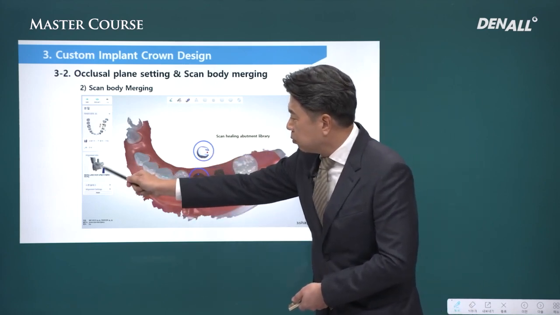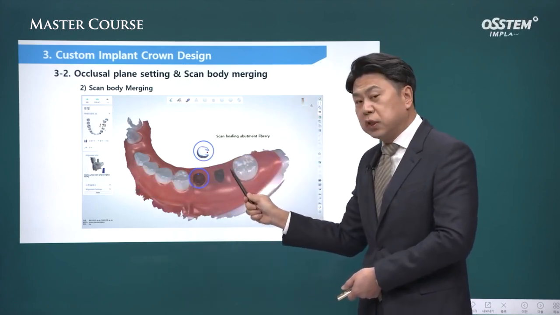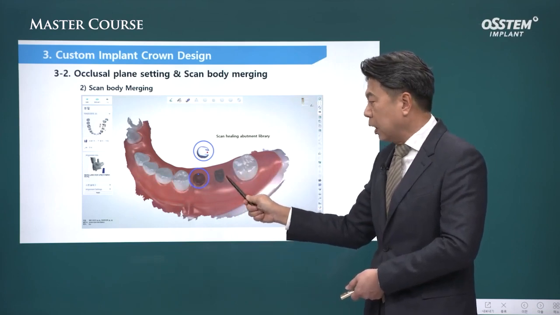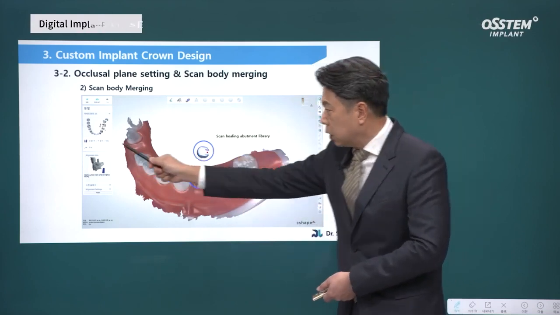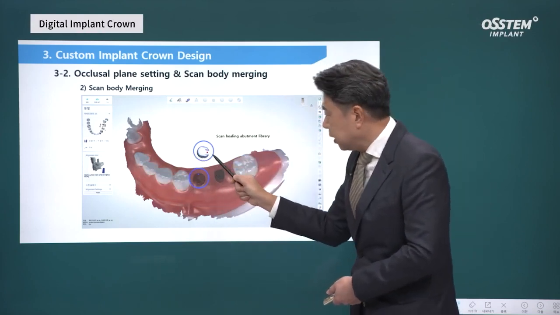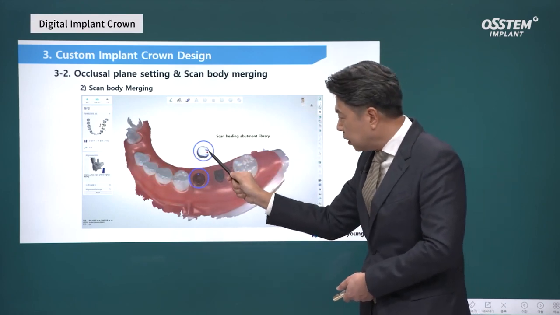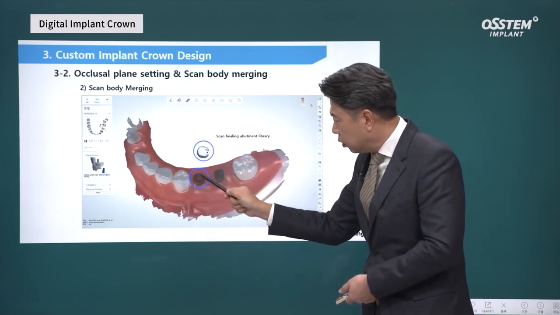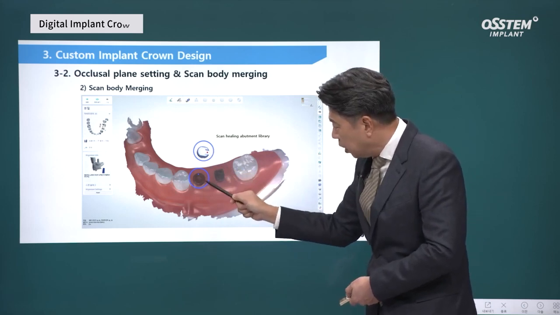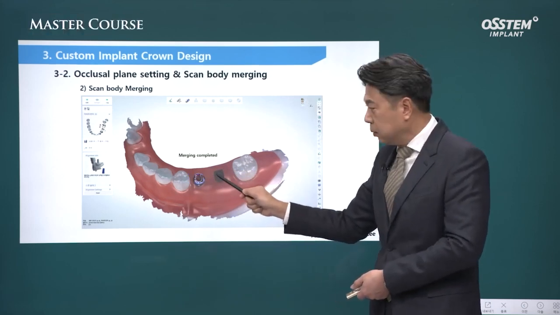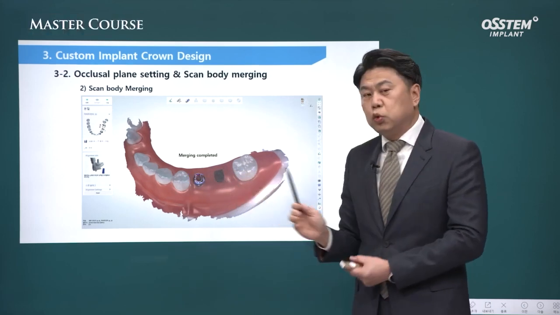A library is brought in. For example, the Austin TS3 scan body short type is used. If it is checked in the space, the scan body data appears. If you mark the points where the newly acquired impression corresponds, they get attached like this. This is how the 2 data get merged.